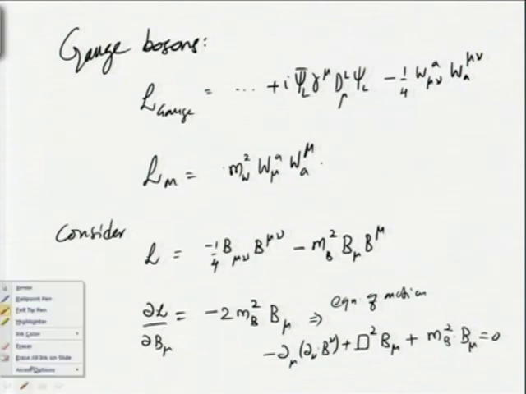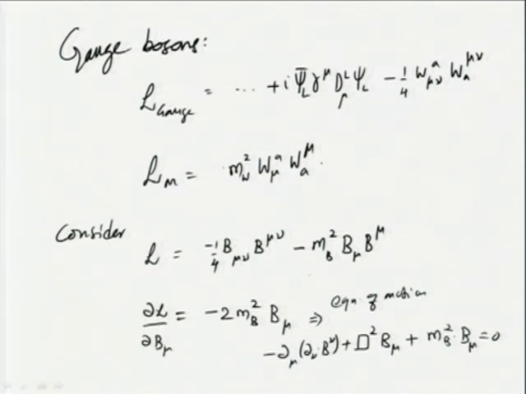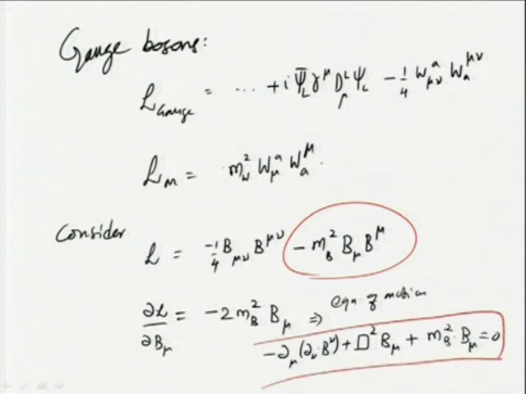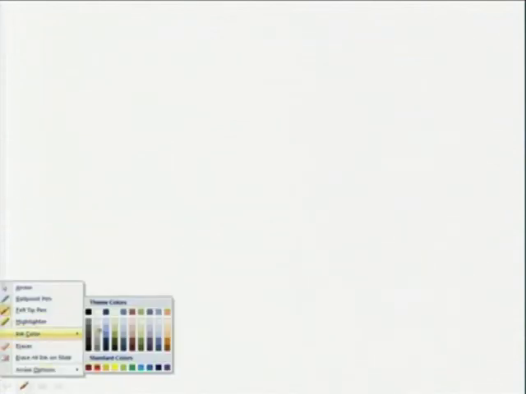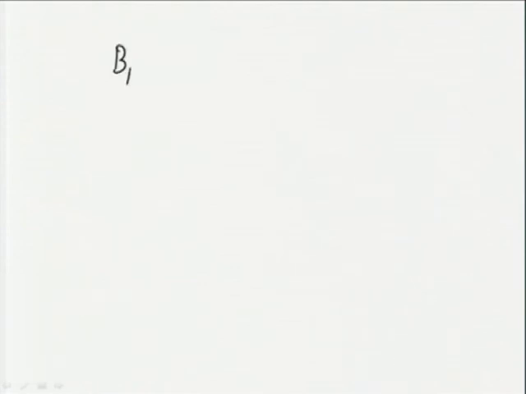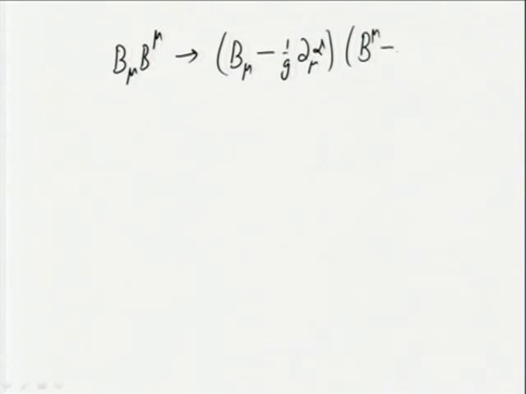But now, if you focus on the mass term, you see that this is not invariant under gauge transformation, where B mu goes to B mu minus 1 over G dou mu alpha.